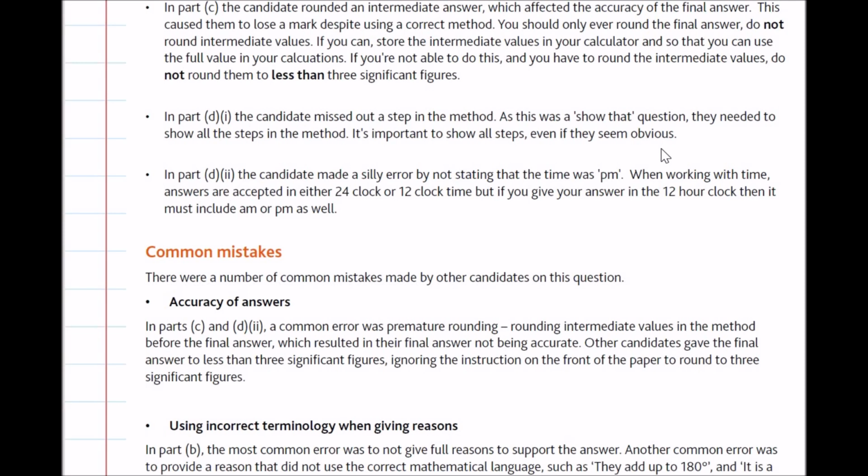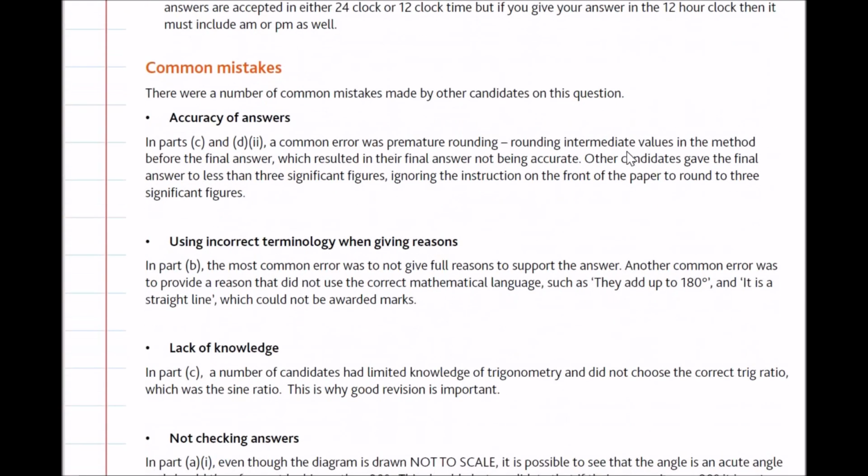Common mistakes, what students generally do. There were a number of common mistakes made by other candidates in this question. In part C, accuracy of answers. The first point is accuracy of answers. In parts C and D2, a common error was premature rounding: rounding intermediate values in the method before the final answer, which resulted in their final answer not being accurate.